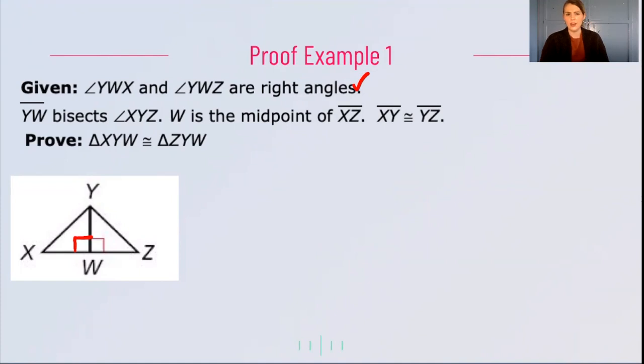So that shows me that those two angles are congruent to each other. YW bisects angle XYZ. Okay, so this top one here, sorry, y'all, I was getting a little flipped. That just tells me that these two angles are congruent.